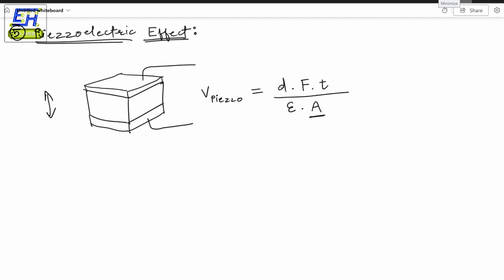This is a little bit more complex, but you guys should know that the plane, how you cut the crystal, is also as important as just the area, because whether you are cutting that against the crystal or in the direction of crystal. And if you are wondering that if reverse of this effect is true, then you're right.